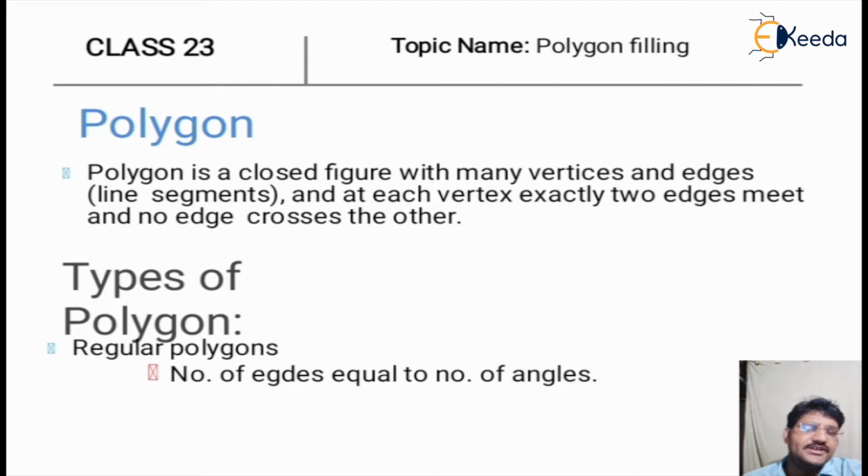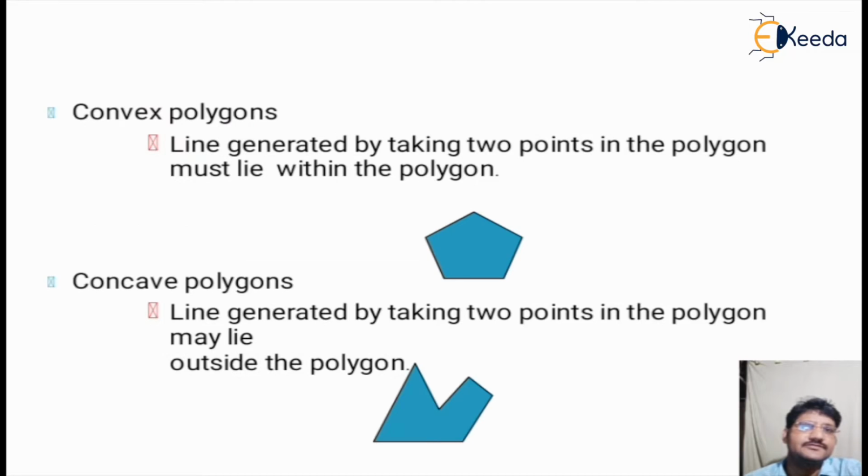There are basically three types of polygon. First is the regular or simple polygon, where the number of edges equals the number of angles. An example of a regular polygon is a triangle, where edges are 3 and angles are also 3. The next type is the convex polygon.